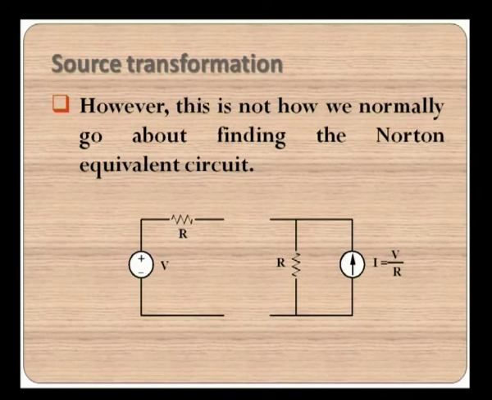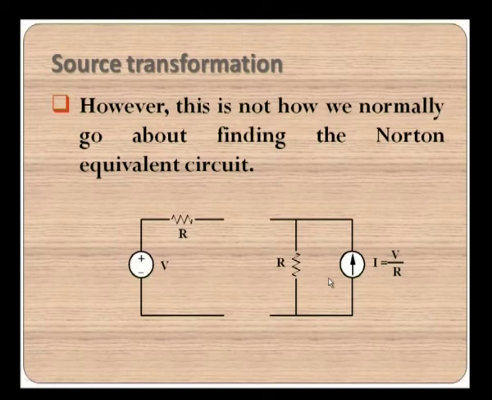It is just discussed for the sake of the theory. See, here we have the voltage source and the resistance connected in series for the Thevenin equivalent, and in the case of the Norton equivalent, we have the current source and the resistance connected in parallel. The order is immaterial because these two are connected in parallel.